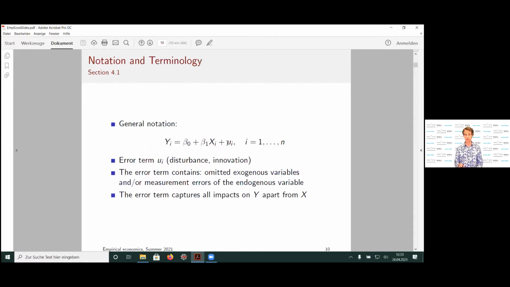For instance, the ui may include omitted exogenous variables, omitted regressors, or it may include a measurement error for the endogenous variable. Omitted exogenous variables, in the context of class sizes and test scores, could be the general environment in the school.